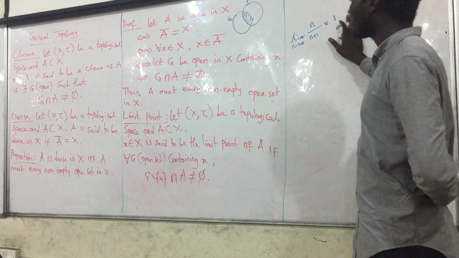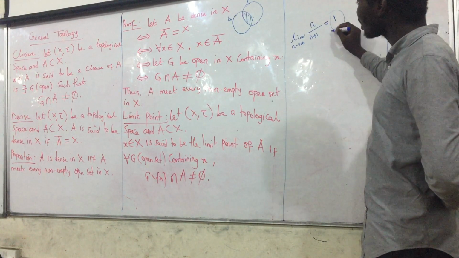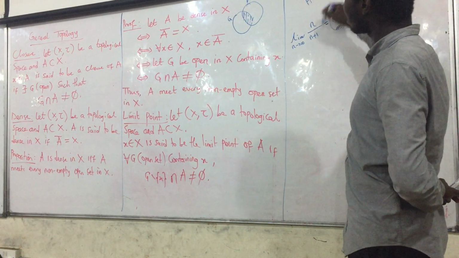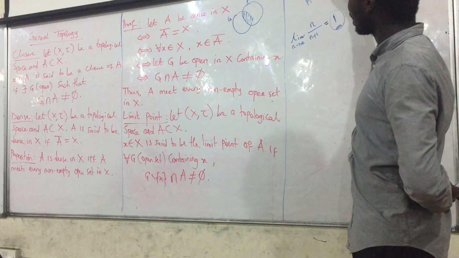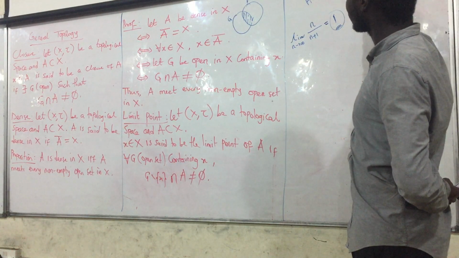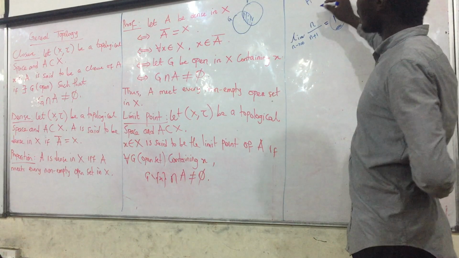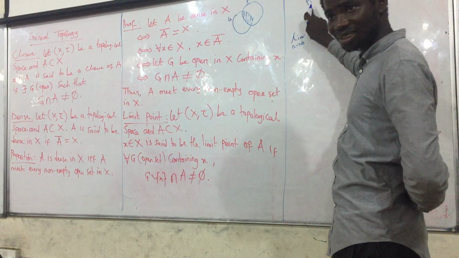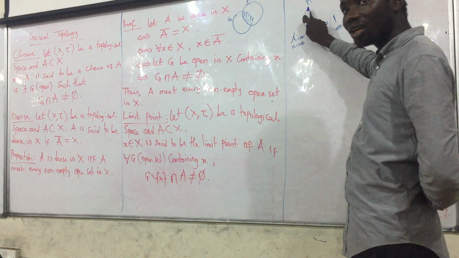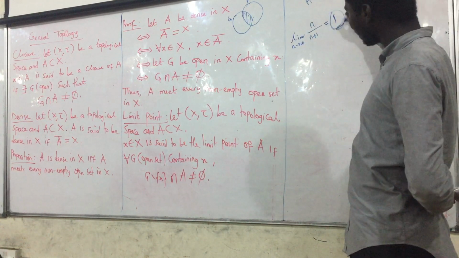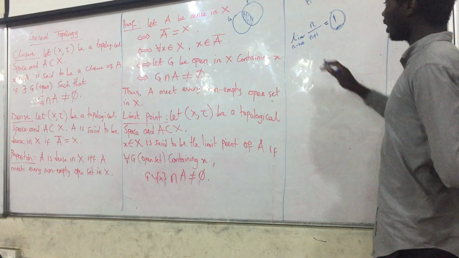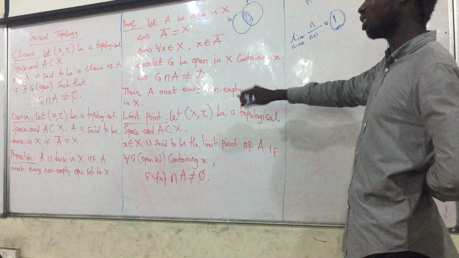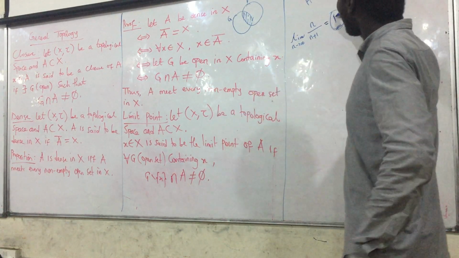So if you take a set A to be n over n plus 1, such that n is a natural number, and I am told to find the limit point of this set, one of the limit points is 1. The limit of a sequence is also a limit point.